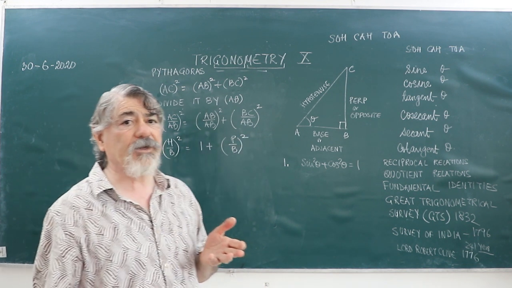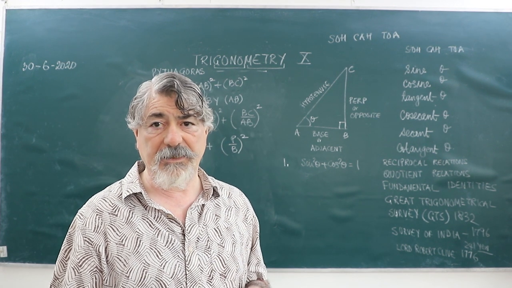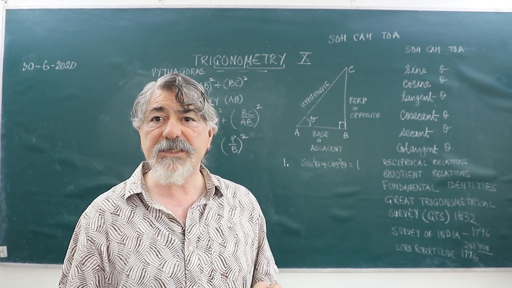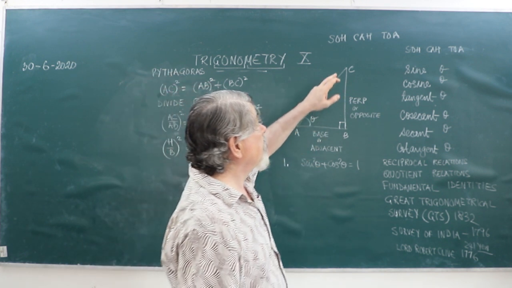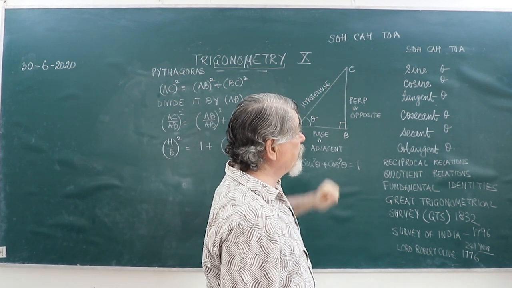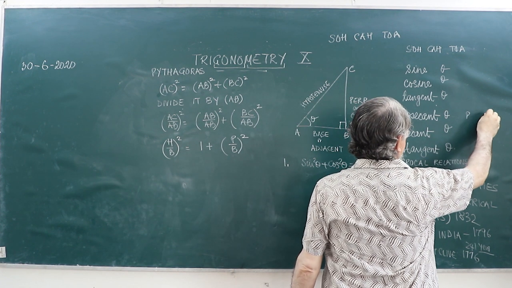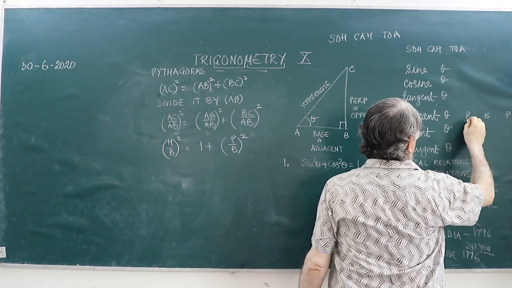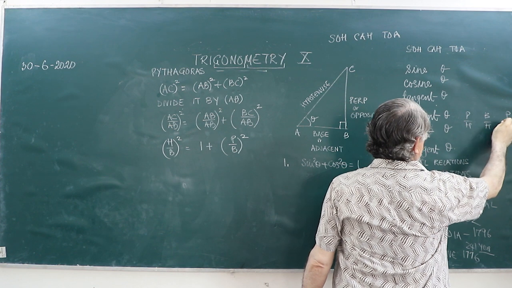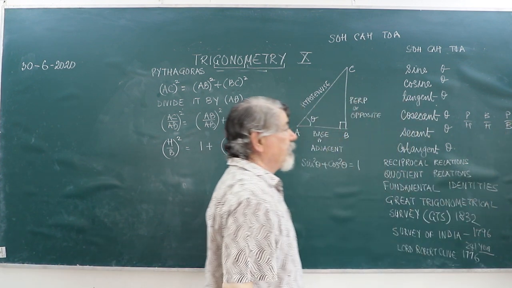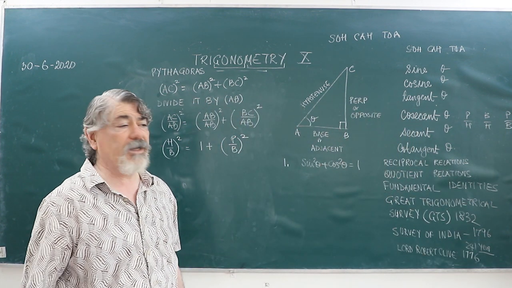Now base upon hypotenuse is cos theta. If you write Pandit Badri Prasad upon Har Har Bole, then you will see that cos theta is base upon hypotenuse.